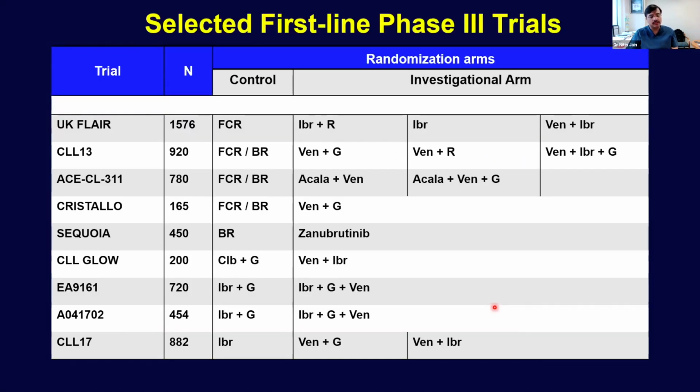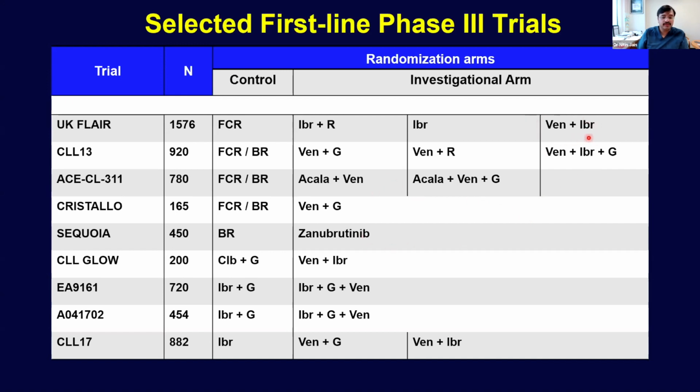All right, so my second to last slide here. Where is the field moving for the CLL frontline therapy? So I list here, as far as I know, all the frontline randomized phase 3 studies currently ongoing in CLL. And what you can see here, there are several quite large studies where you have chemotherapy as a control arm, and then a variety of targeted therapy combinations in the randomized arms.